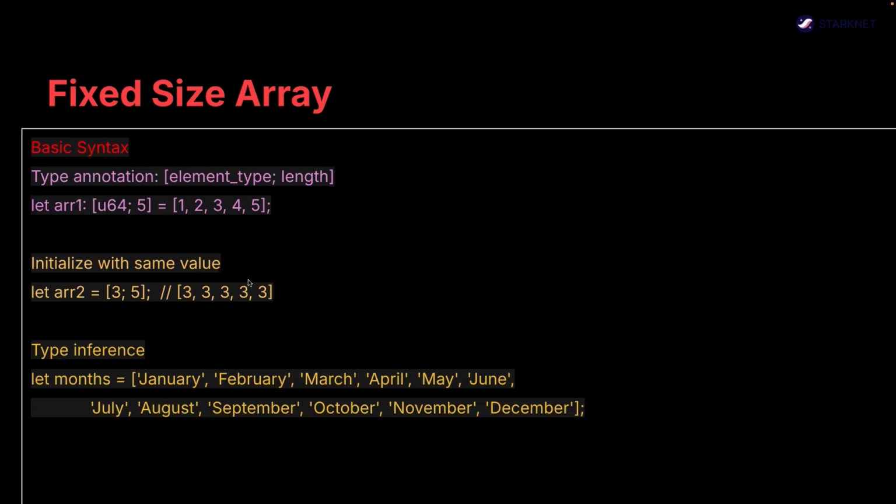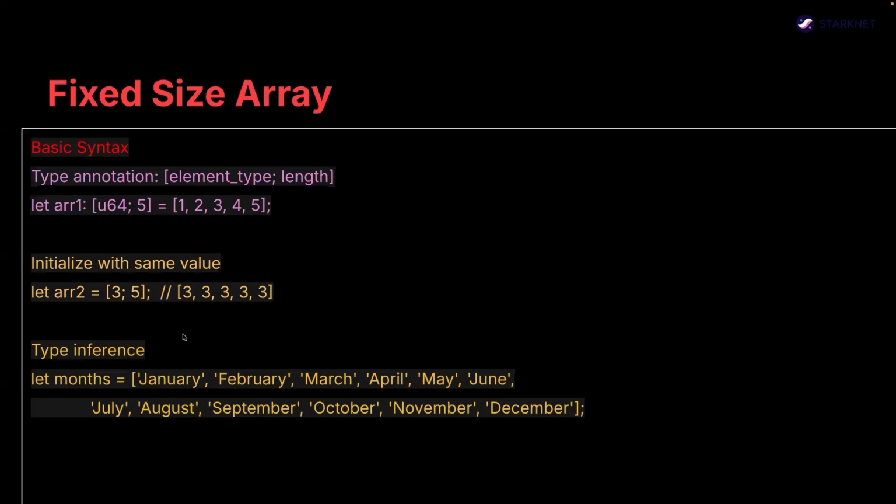You can use the same value or different values. Here, you can just say we are going to have 3 as the number, and then it's going to be in 5 places. Are you following?